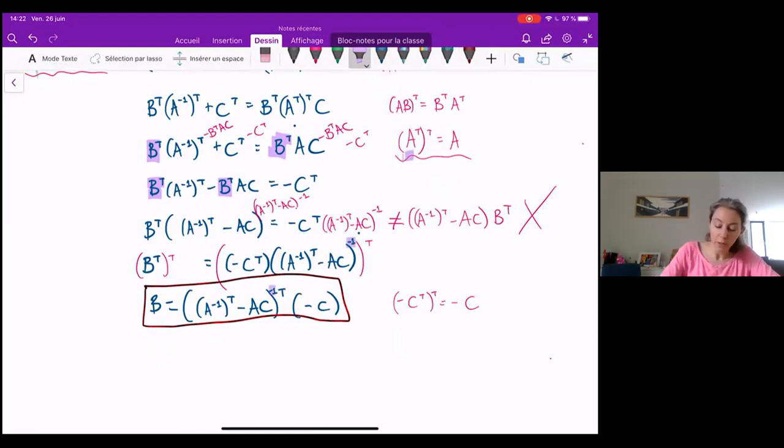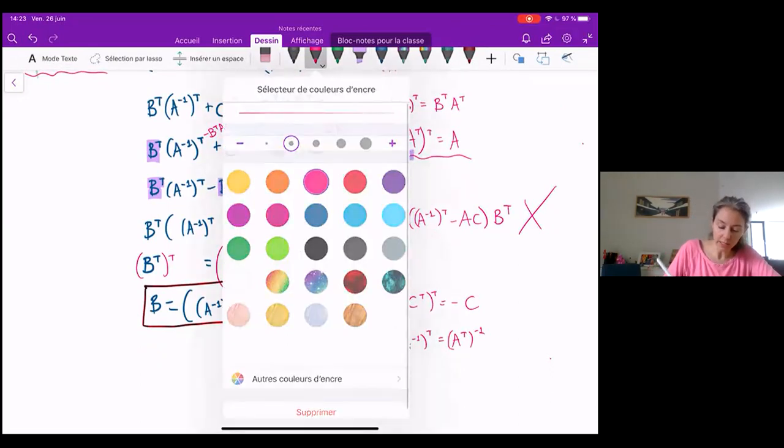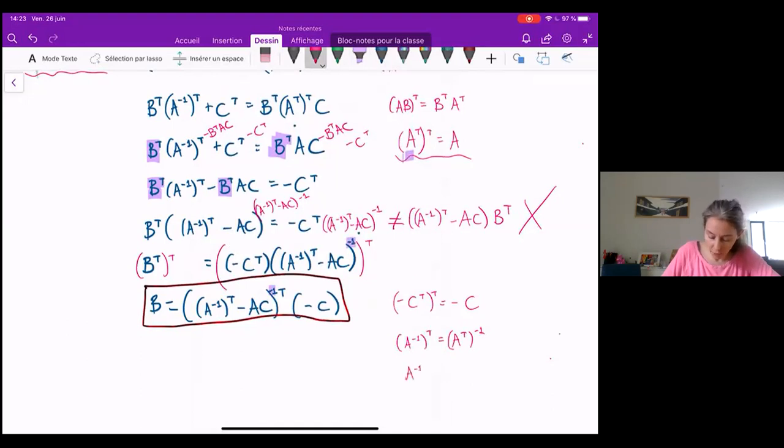So there's this other rule that says A inverse transpose is equal to A transpose inverse, which means that I can switch the order. I can do the transpose and then invert, or I can invert and then do the transpose. So in this case, this is like saying A inverse transpose minus AC inverse transpose.